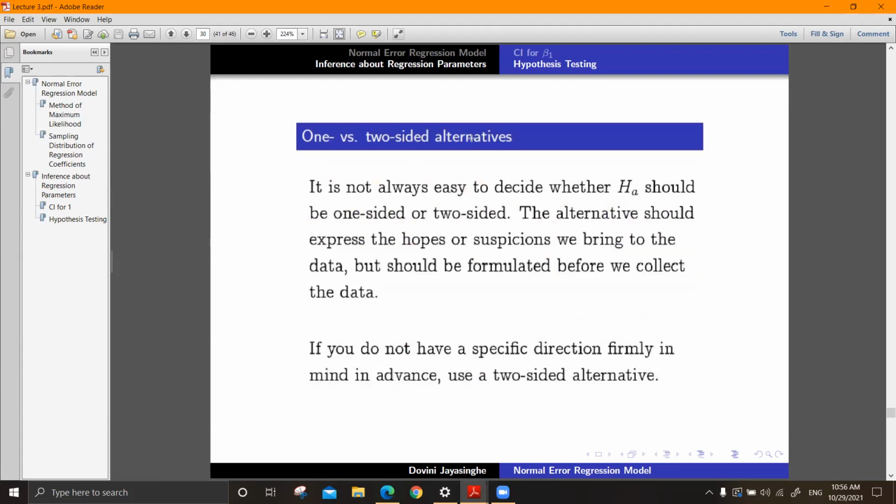One versus two-sided alternatives. It is not always easy to decide whether the alternative should be one-sided or two-sided. An alternative should express the hopes or suspicions we bring to the data, but should be formulated before we collect the data. If you do not have a specific direction firmly in mind in advance, you can use two-sided.